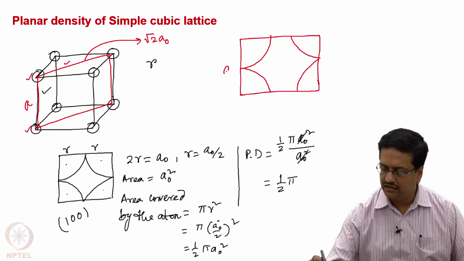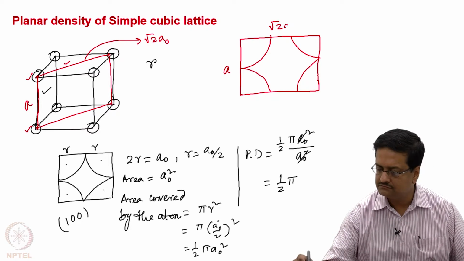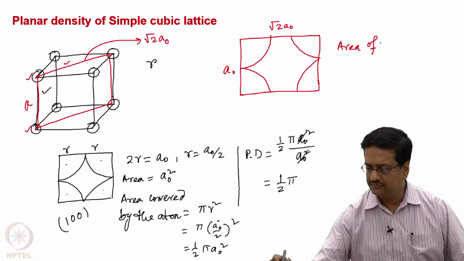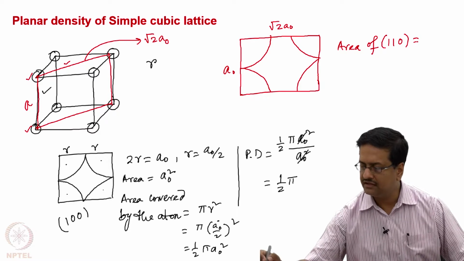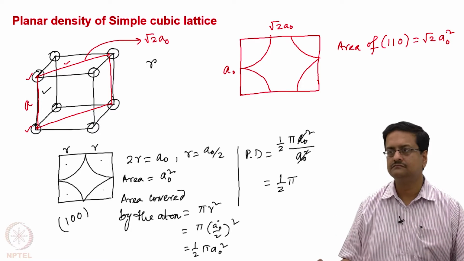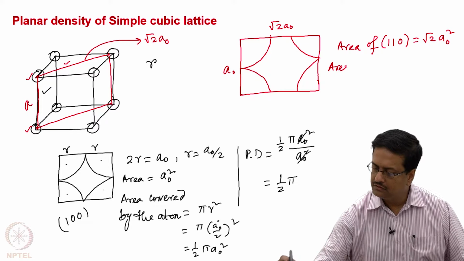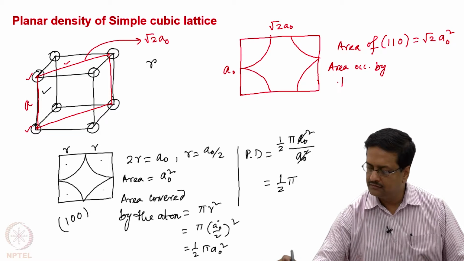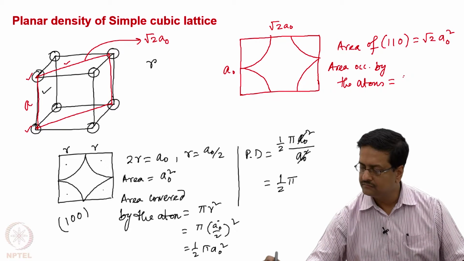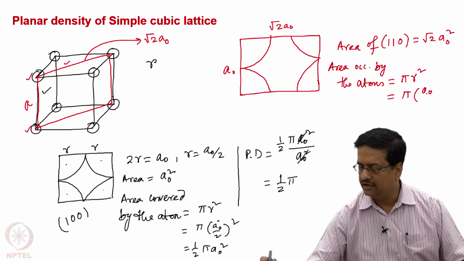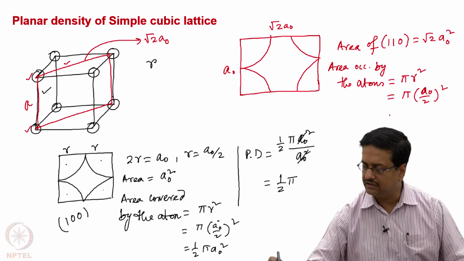So what is the area of this plane? The area of the 1, 1, 0 set of planes is root 2 a0 square. The area occupied by the atoms is once again pi r square, which is pi times a0 by 2 square.